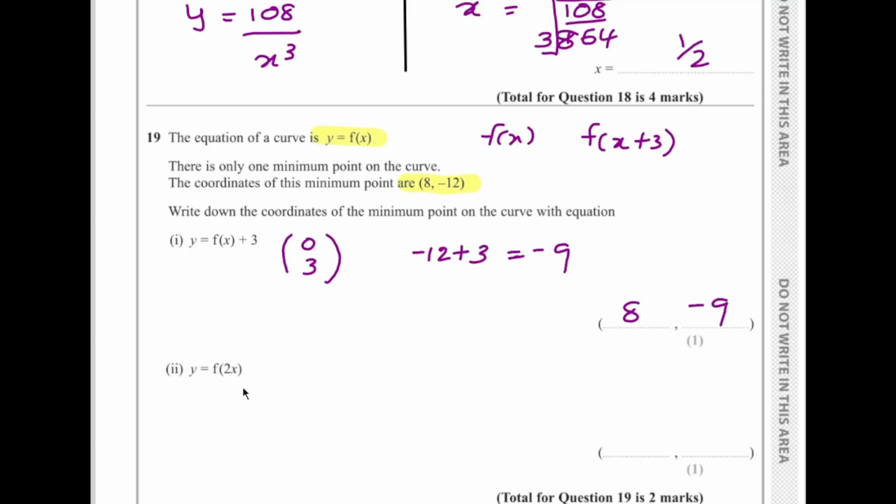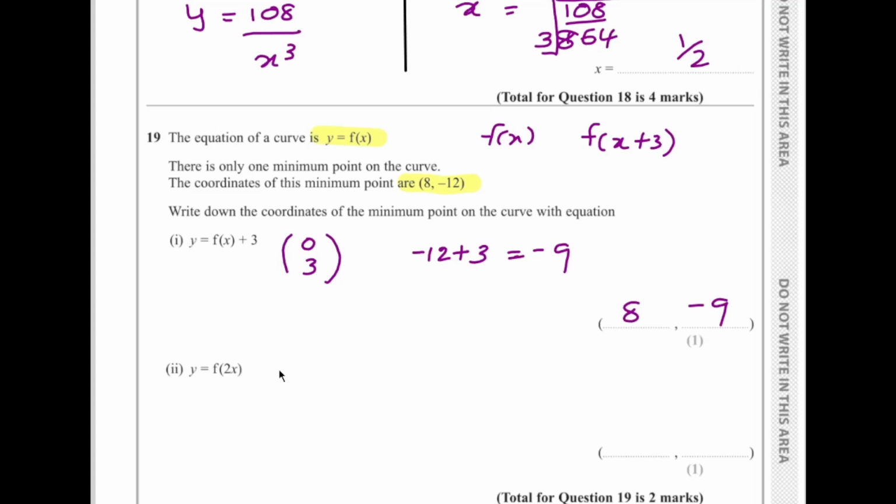Part 2, y equals f of 2x. So wherever you see multiplication, it is stretch. This is inside bracket. Therefore, the curve gets stretched in the horizontal axis. So if it is x-axis, the x coordinate gets changed, we always apply the scale factor the opposite way.